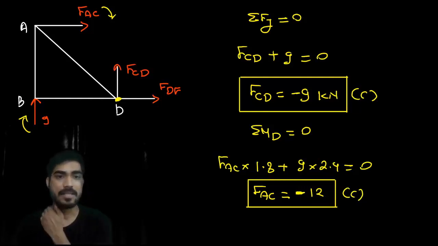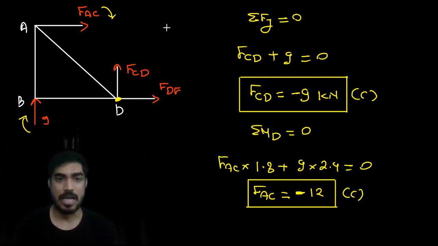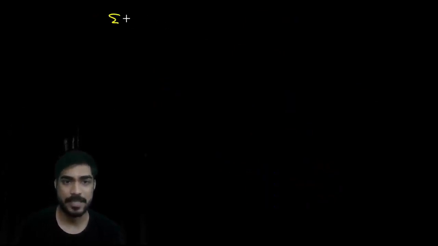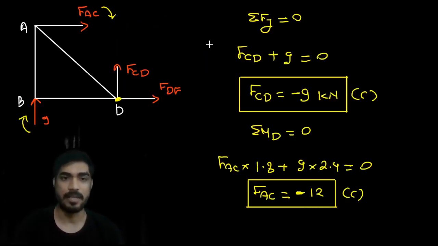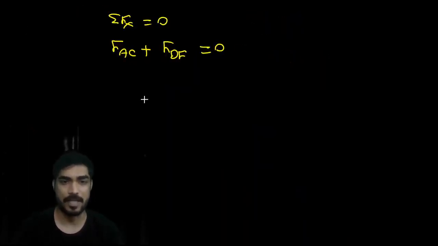Now FDF. If you apply summation of Fx equals 0, you will see FAC and FDF will be equal and opposite. FAC plus FDF equal to 0. So FDF will be minus of FAC.